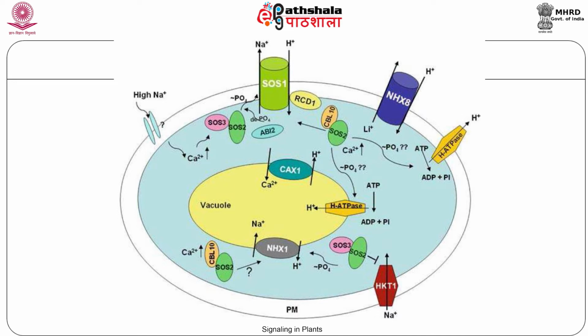Calcium ion is one of the principal second messengers, functioning as a central node in the overall signaling web and plays an important role in providing stress tolerance to plants.